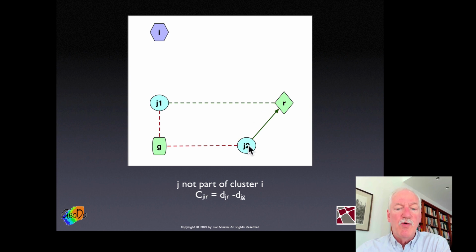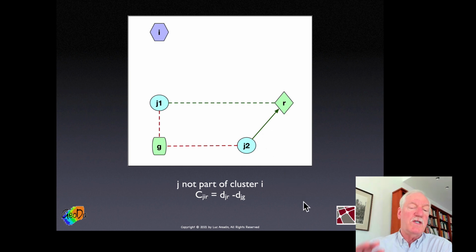Or it could move to R. And if it's closer to R than it was to G, then the distance between J and the new center R is smaller than the distance between J and its current center G, and so this is an improvement. So we have to look at these 2 situations, and in one case there is 0 change, in the other case there is an improvement in the objective function.